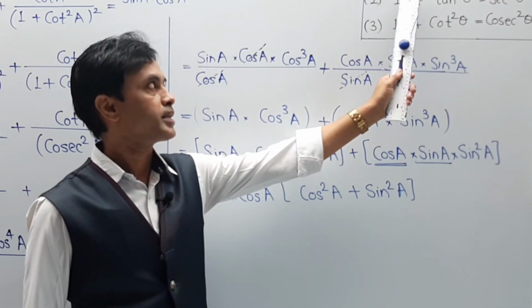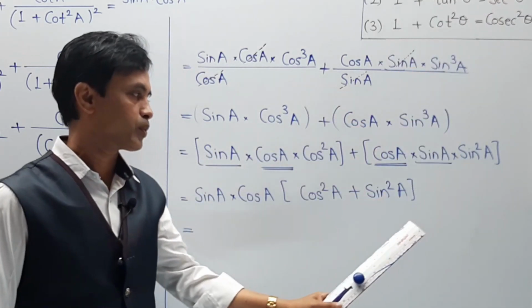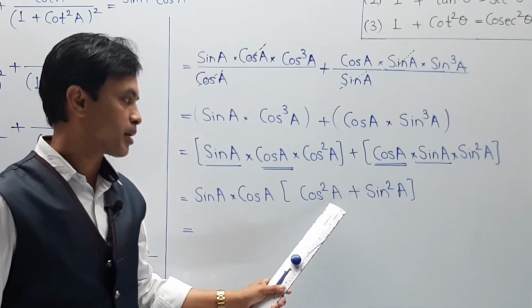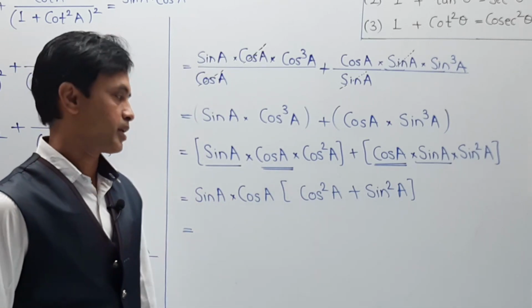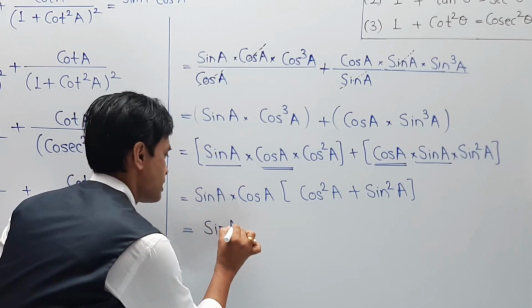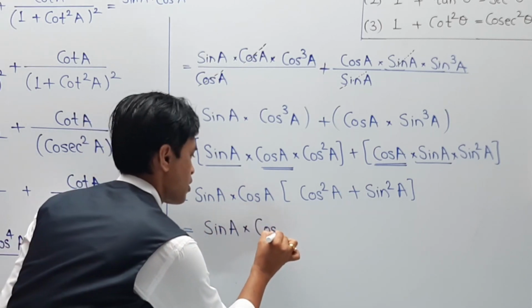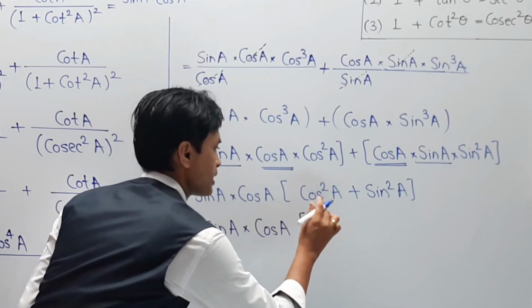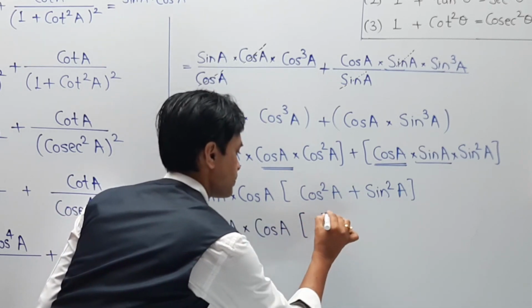According to the fundamental identity, sin square theta plus cos square theta is equal to 1. In a similar manner, sin square A plus cos square A can be written as 1. So this becomes sin A into cos A, and this entire value becomes 1.